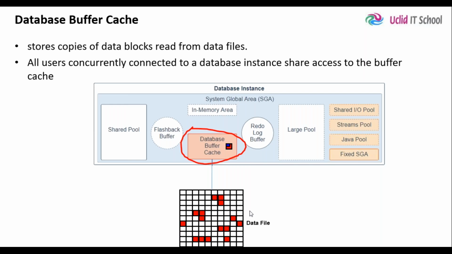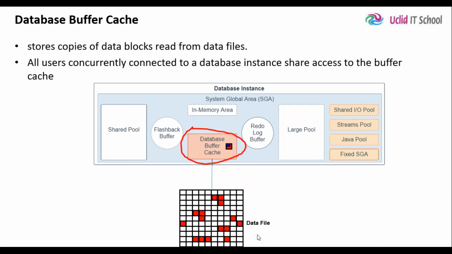Internally, the data file is formatted into blocks. Each one is an Oracle block. Yesterday we understood the data block, the smallest, minimum unit of storage. This data block may be 2 kilobytes, 4 kilobytes, 8 kilobytes, 16 kilobytes, or 32 kilobytes, because an Oracle database can support multiple block sizes.